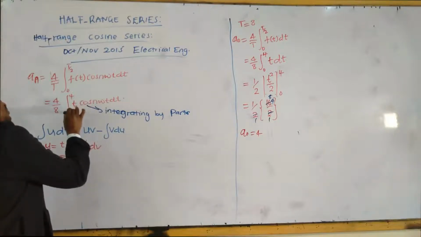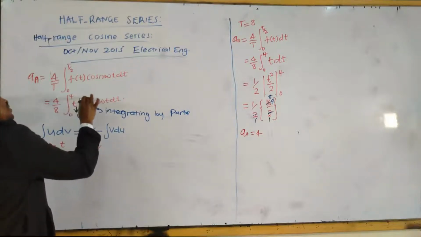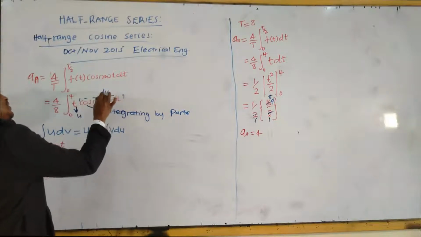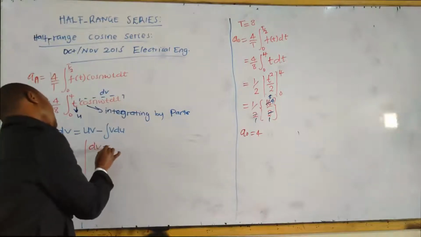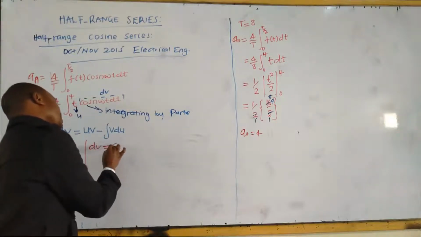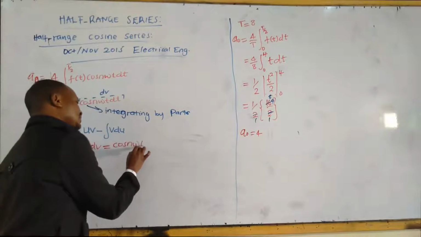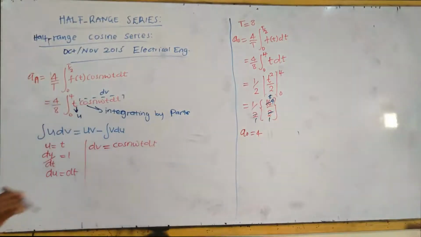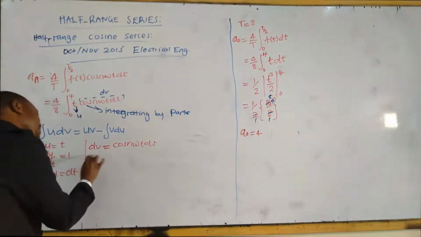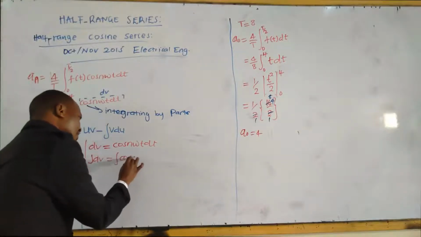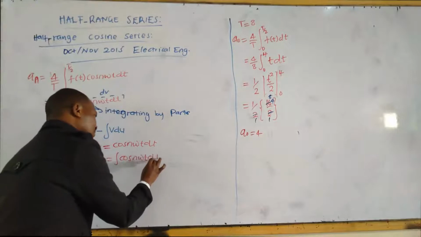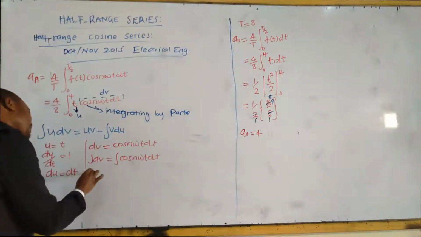This is u, and this is dv. dv is equal to cos n omega t dt. For v, you integrate both sides, integral of cos n omega t with respect to t. Integral of dv is v.